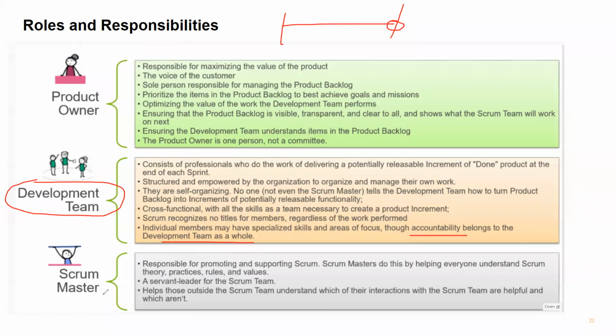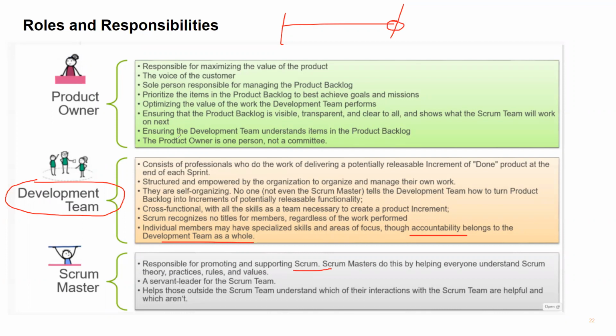Now coming to the last role, the Scrum Master. The Scrum Master is the one who promotes and supports Scrum. I am talking about the Scrum framework, so he will tell you what all things can be done.